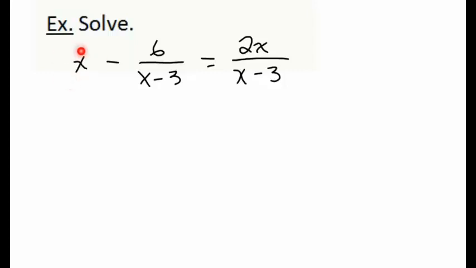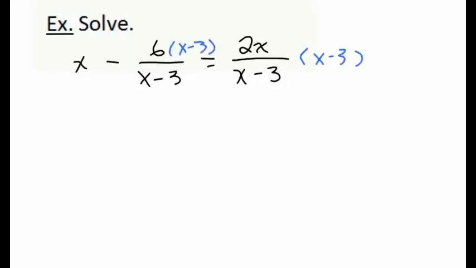We treat this x as x over 1, so its denominator is 1 and is not going to affect our LCM. That means the only denominators we have are x minus 3. This means if we multiply all of our pieces, or all of our terms by x minus 3, we're going to get rid of all of our fractions.